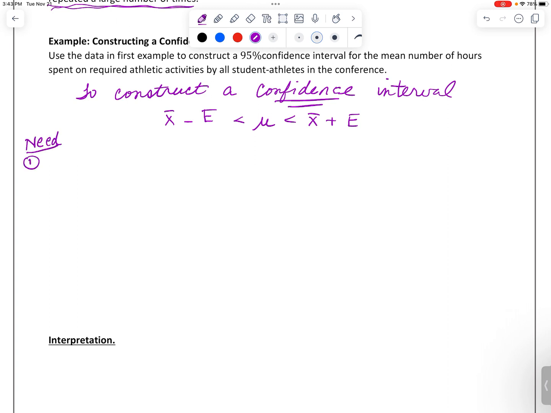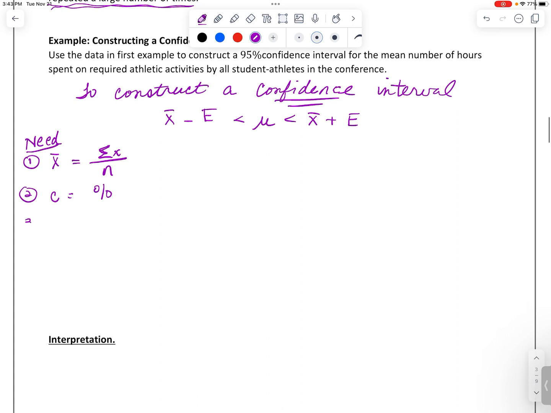We need, 1, the x bar. X bar, remember, is your average. So add up all the x's, divide by n. You're going to need your little c. This is your percent. That's your confidence level. How confident are you?